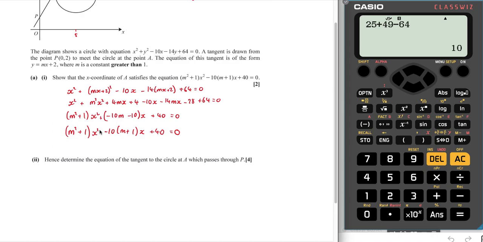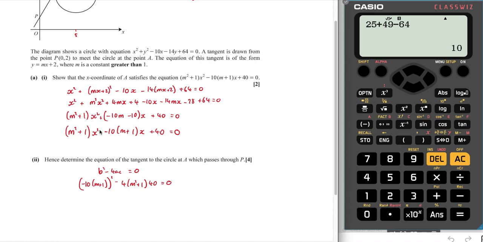So b squared minus 4ac is equal to 0. So b squared, that's minus 10 m plus 1 all squared, minus 4 times m squared plus 1 times 40 is equal to 0.